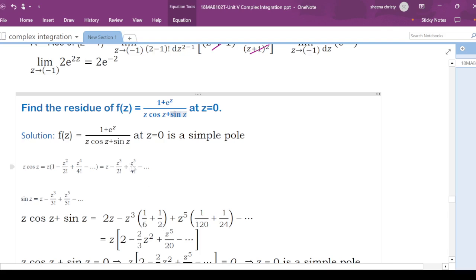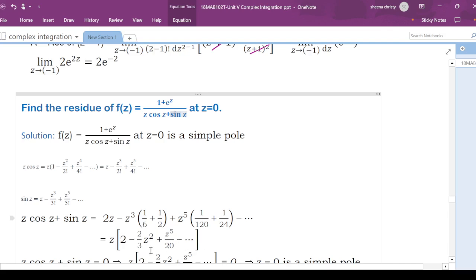Then z power 5 is common, you can take it outside, into (1 by 5 factorial is 1 by 120 plus 1 by 4 factorial is 1 by 24) etc. Now take z common and do the simplification. You will get 2 minus 2 by 3 z square plus z power 5 by 20 etc.